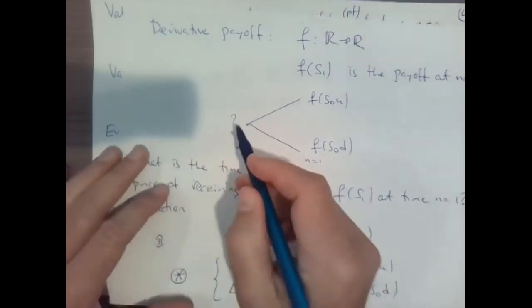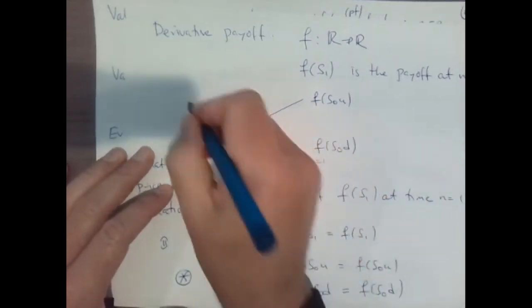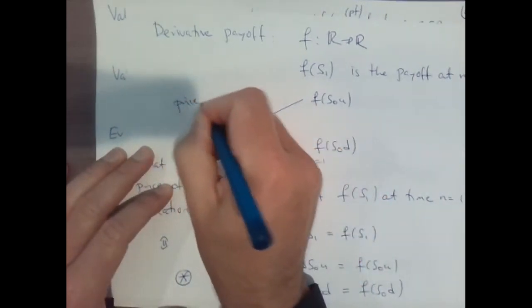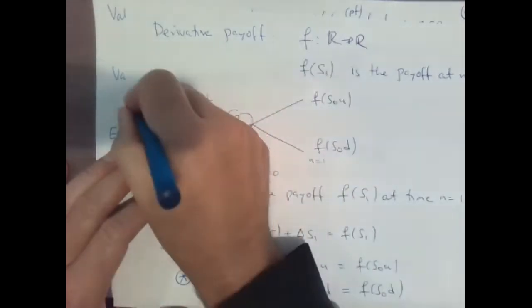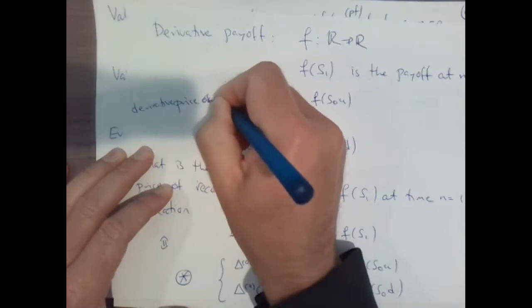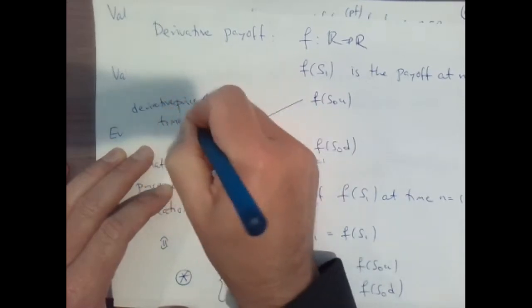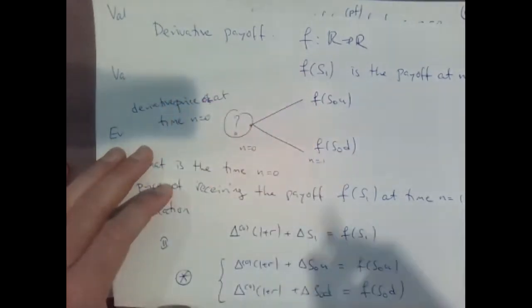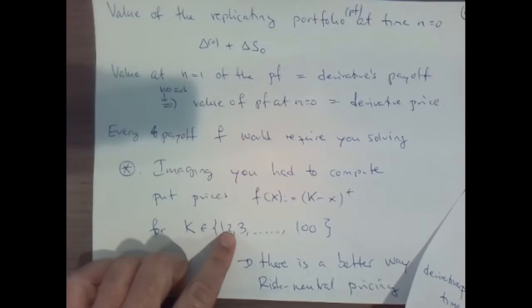Let me switch over so you can see. Right, this is the derivative price at time 0. So if I put in different payouts here, what did we have? We had k being 1, 2, 3, right?